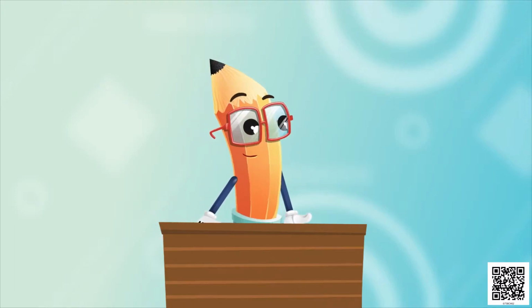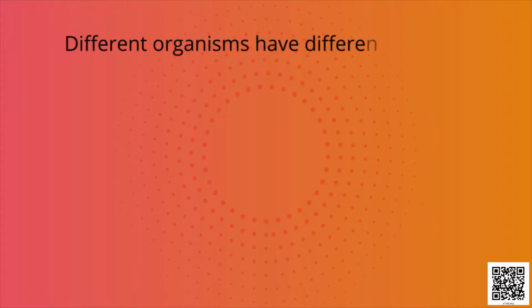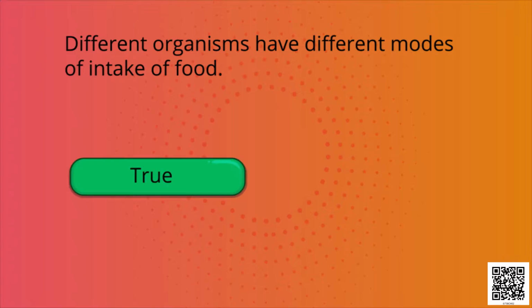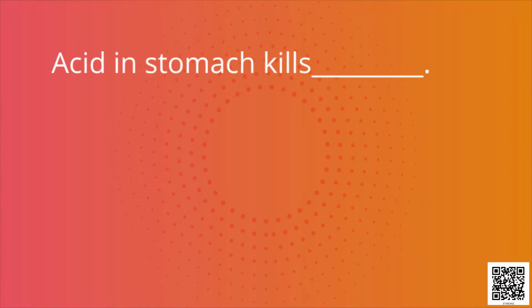Students, now I will ask you a few questions. Different organisms have different modes of intake of food. Is it true or false? So, the right answer is true. This is a true statement. My next question is, acid in stomach kills dash.